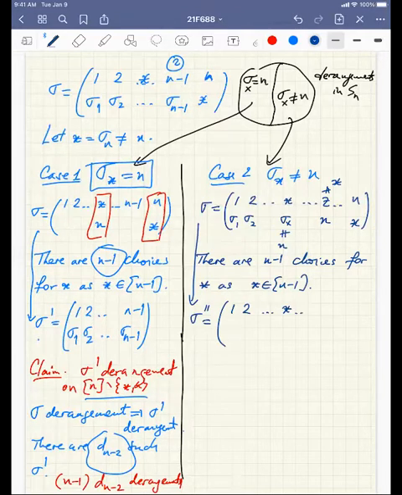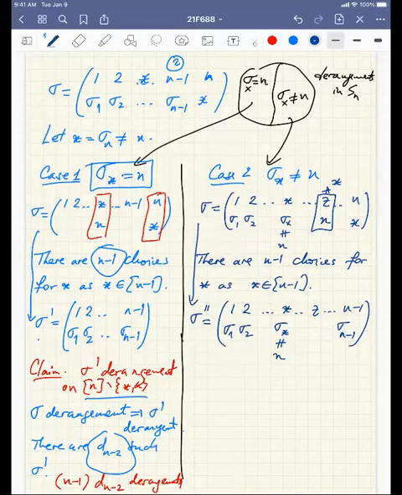So we have an x here, we have a z, and it goes all the way to n minus 1. And in this permutation, we are going to leave everything unchanged from sigma. So this is sigma x, which was not n. This is sigma n minus 1. But you see here in the top permutation for sigma, z gets mapped to n, and we are just going to change that to send z to x.